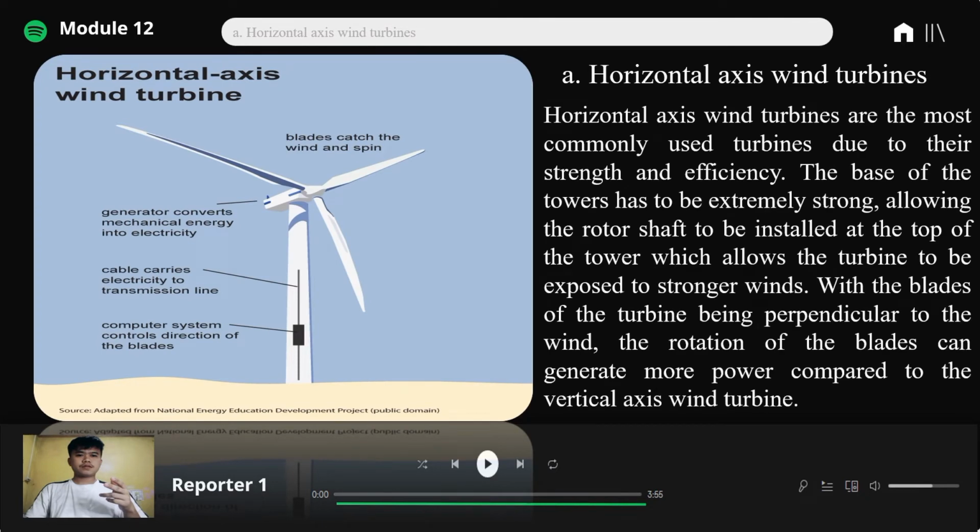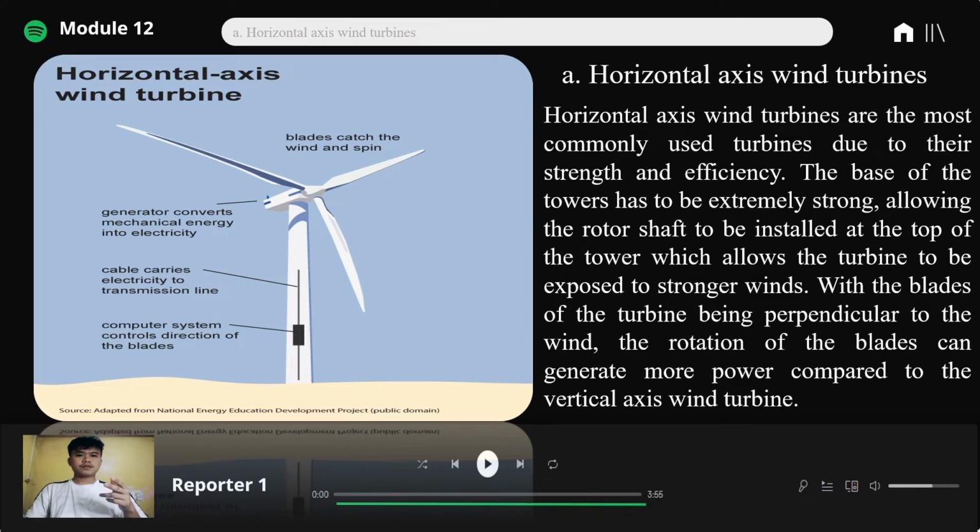Horizontal axis wind turbines are the most commonly used turbines due to their strength and efficiency. The base of the tower has to be extremely strong, allowing the rotor shaft to be installed at the top of the tower, which allows the turbine to be exposed to stronger winds. With the blades of the turbine being perpendicular to the wind, the rotation of the blades can generate more power compared to the vertical axis wind turbine.